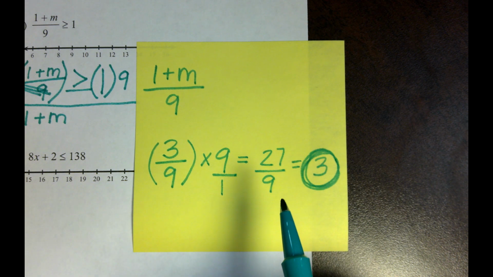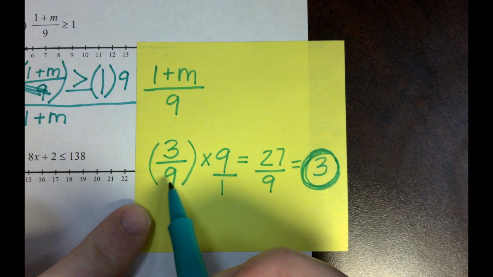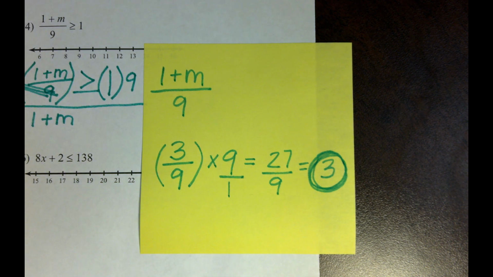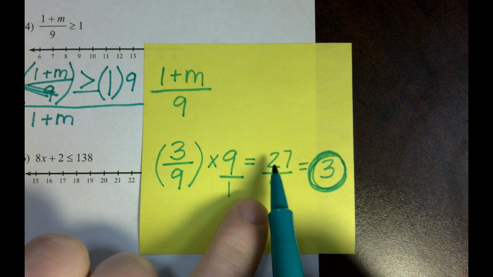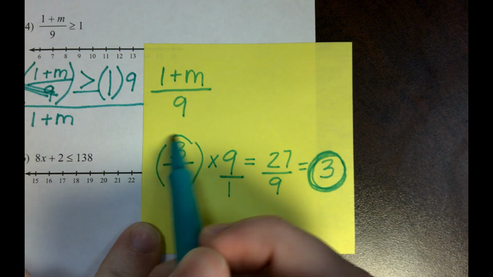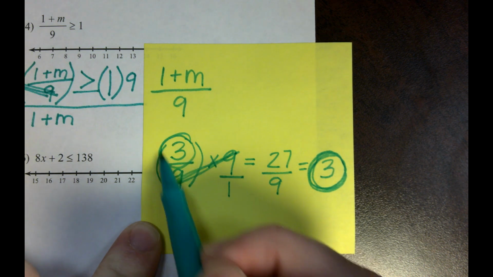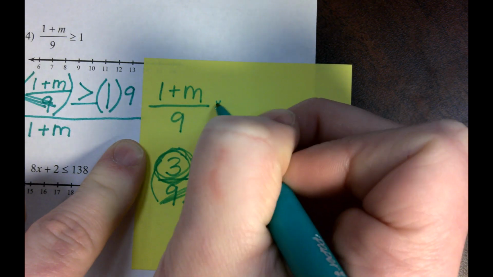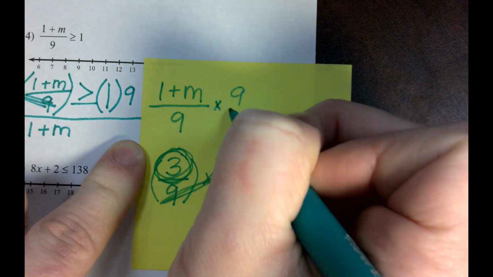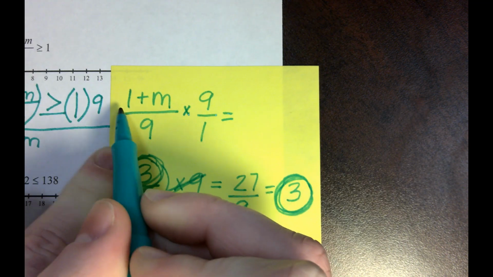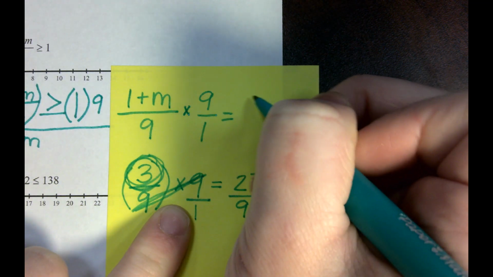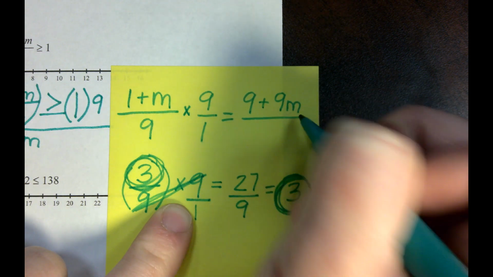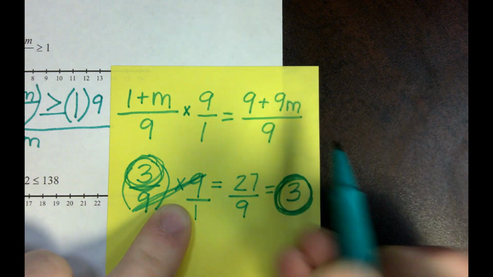And I'm showing you that whenever you multiply it by 9, you are doing the top and the bottom, but you would have to simplify. What's going to happen is these do cancel and you get 3 by itself. What's happening here, if I were to take this times 9 over 1, I would get, let's see, 9 plus 9m over 9 times 1 is 9.